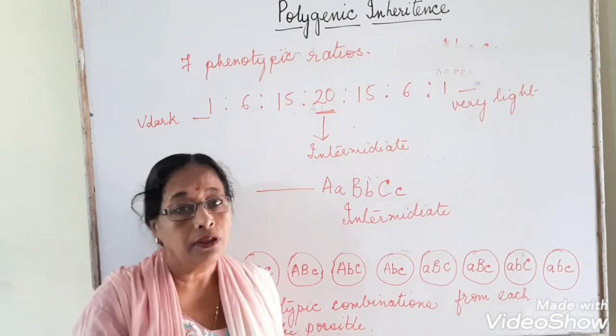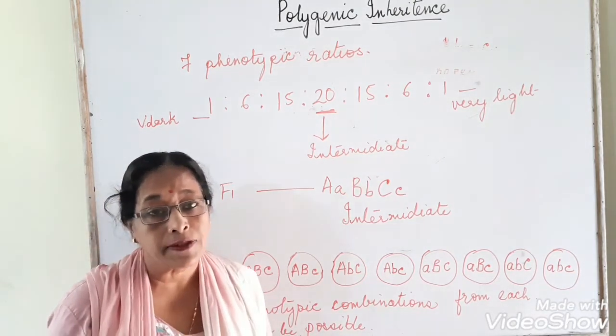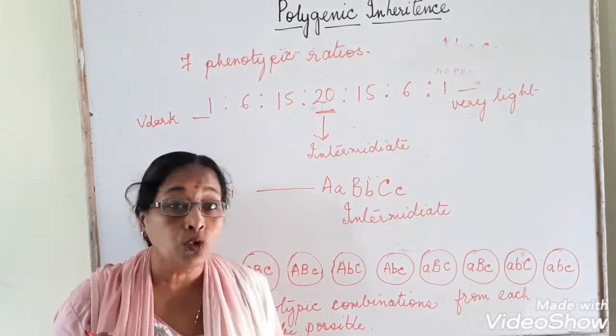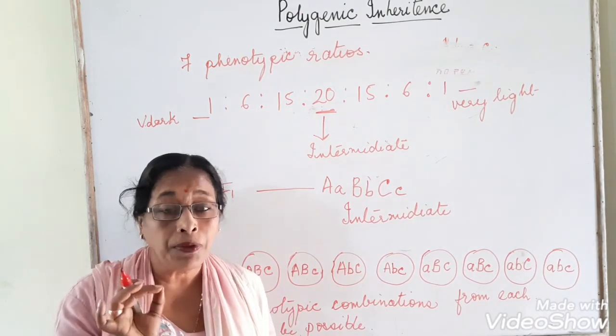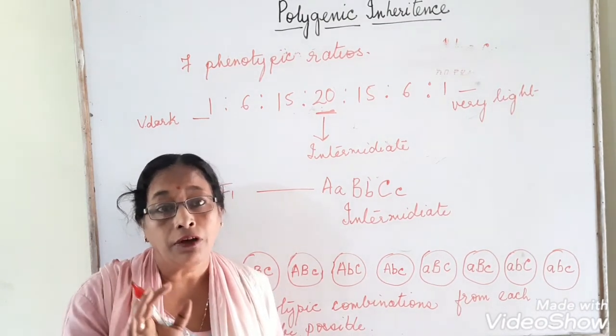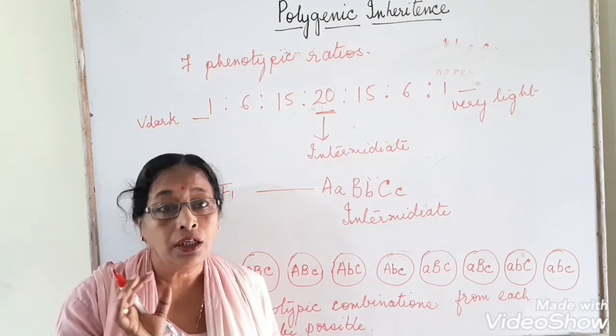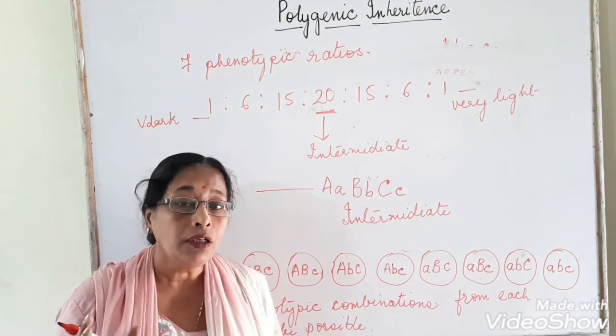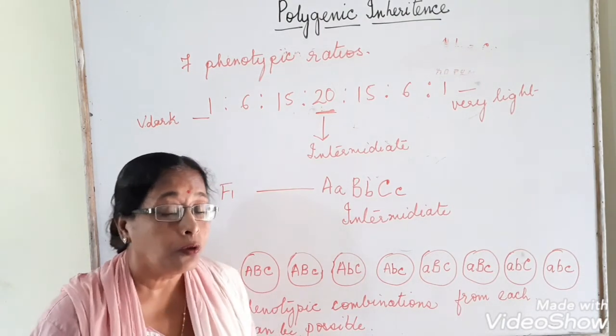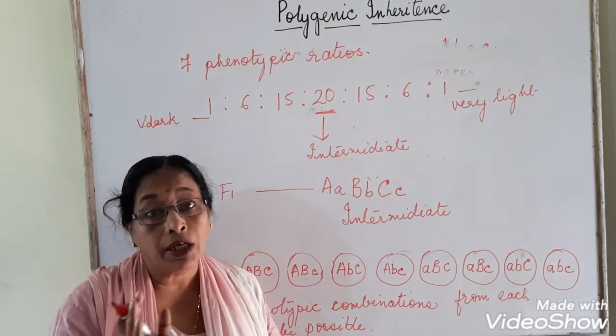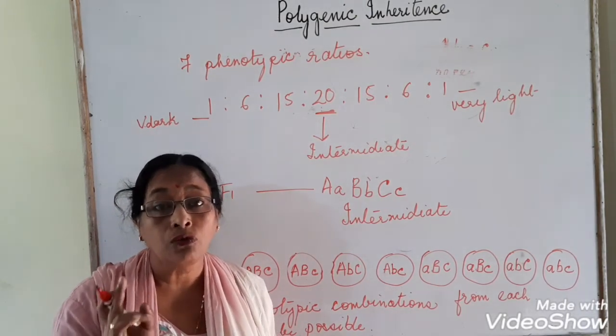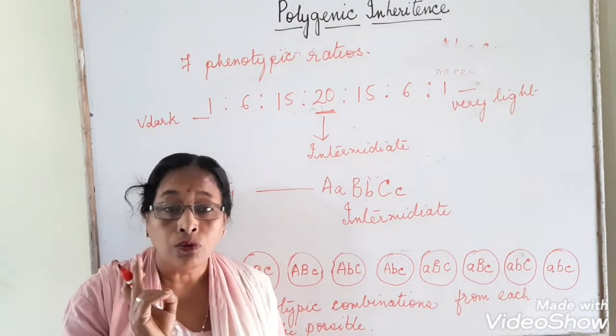So we have seen polygenic inheritance by taking the example of human skin color. 3 pairs of genes express the color of the human skin. So polygenic inheritance means multiple genes act on one character.